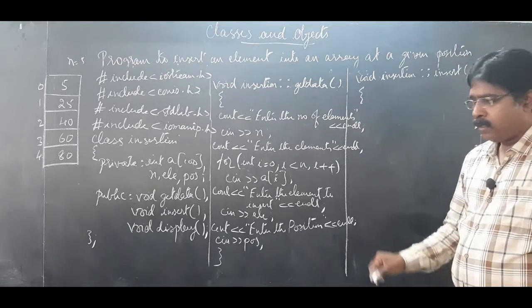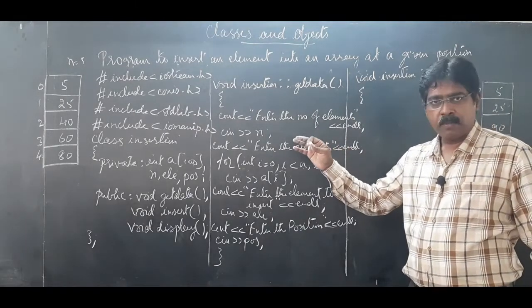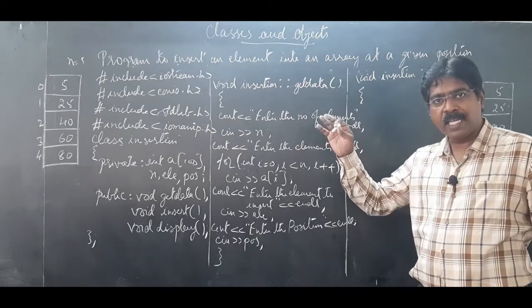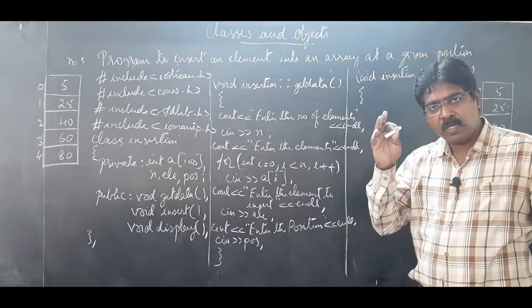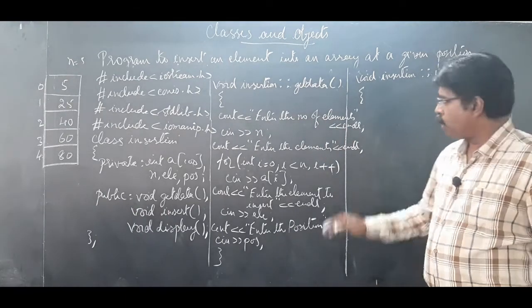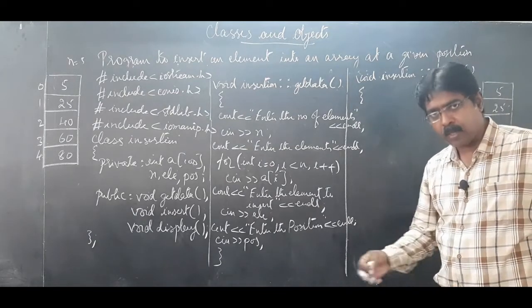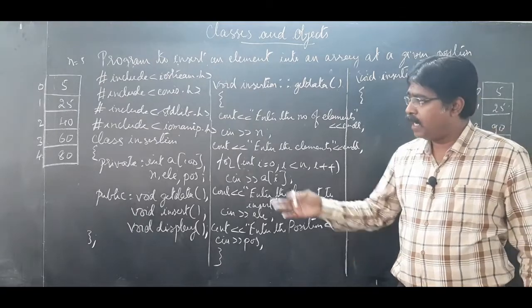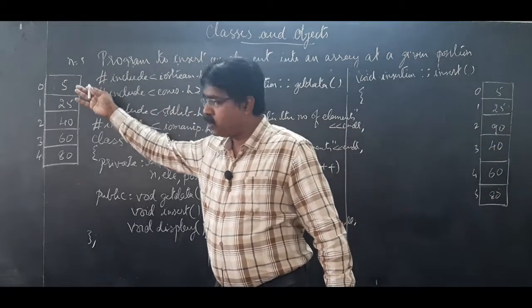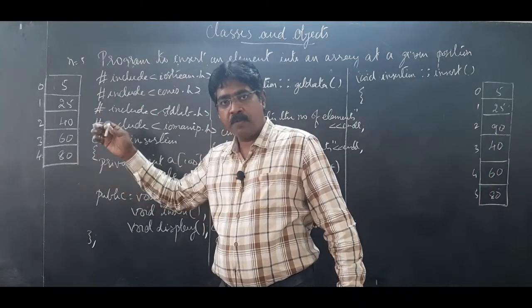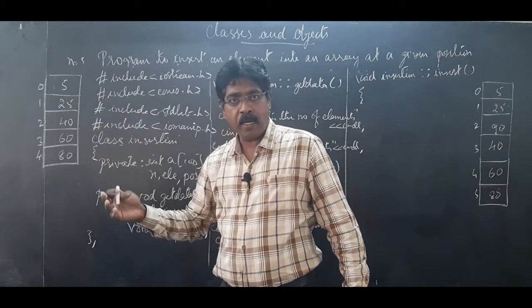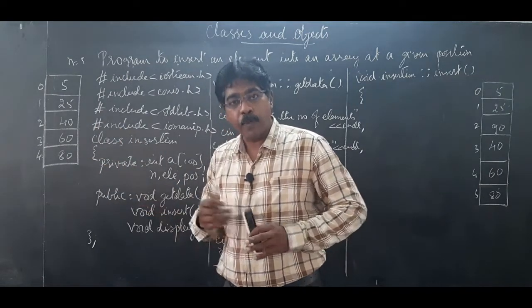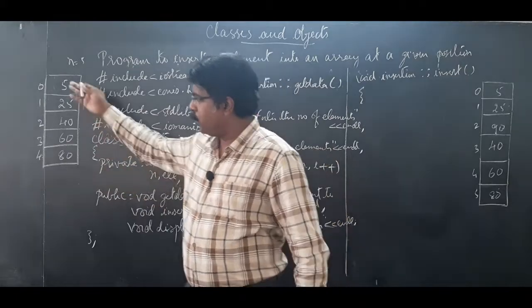When you insert an element at a given position, the execution depends on the position. If you give a position greater than n, we will not go further because there is no inserting point for us.